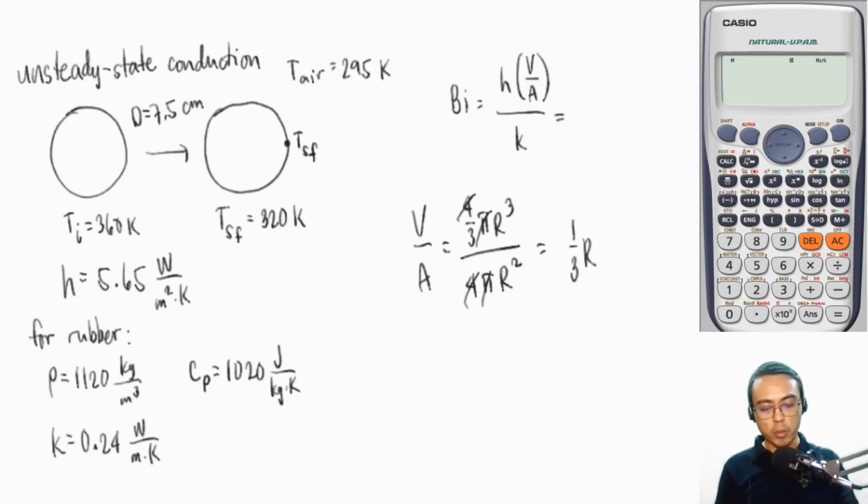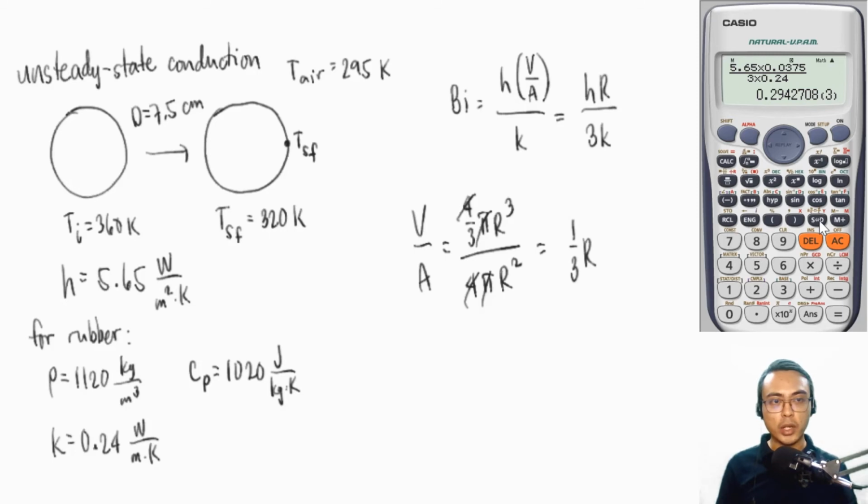Therefore, our Biot number now becomes hr over 3k. Substituting, we have 5.65 times the radius, 7.5 centimeters divided by 2, that is 0.0375 meters, over 3 times the thermal conductivity 0.24. Our Biot number is 0.29.